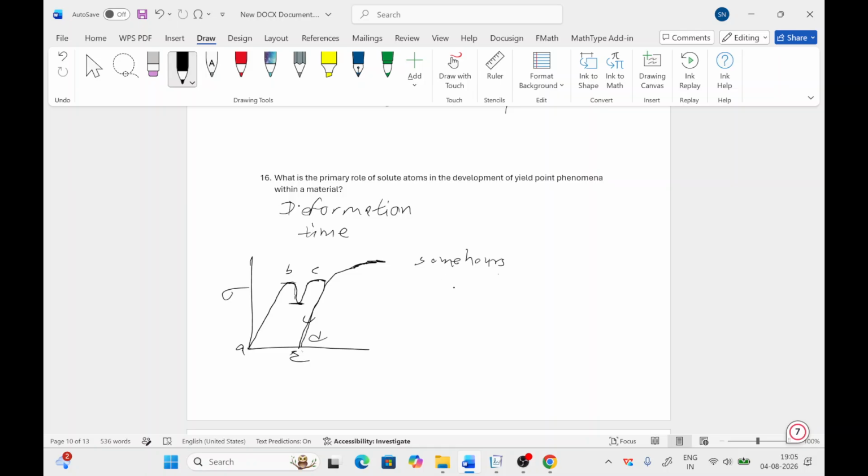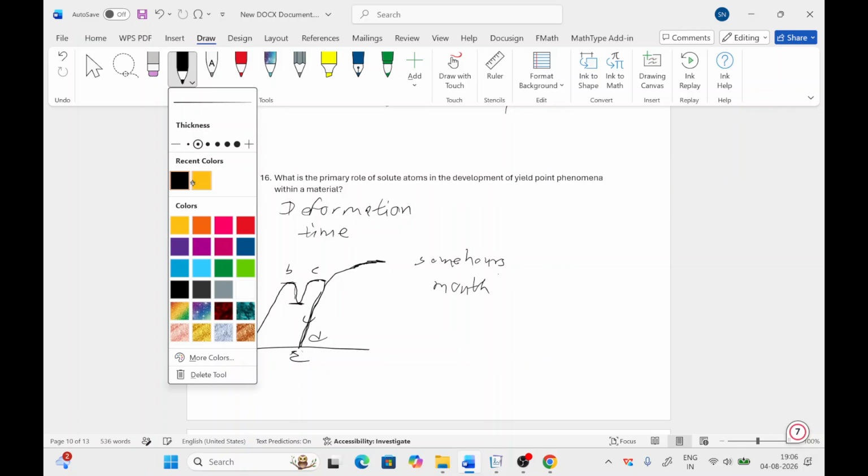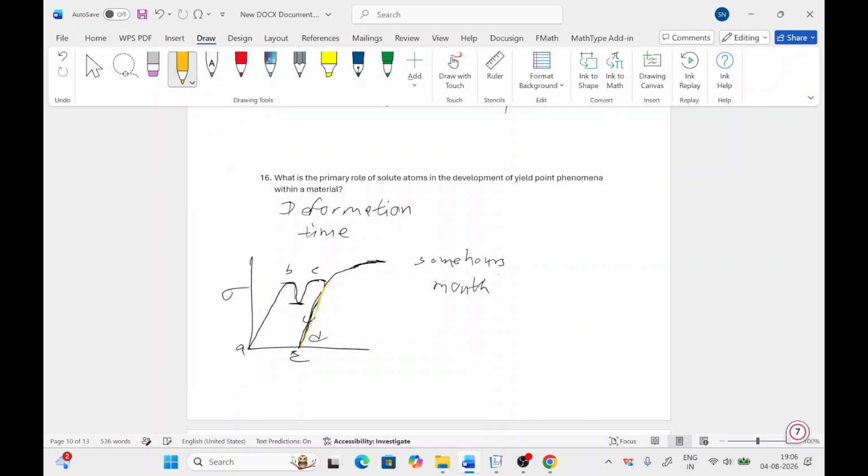But if we keep our material for a large gap, like for some months, if we keep the deformed sample for a month and again reload it, then this yield point will again reappear.